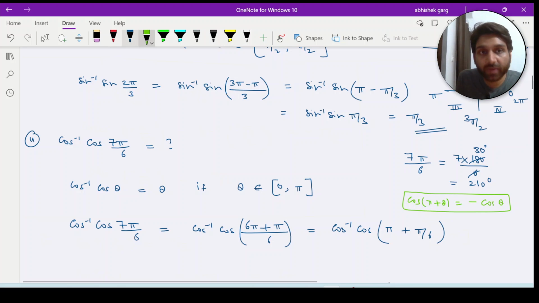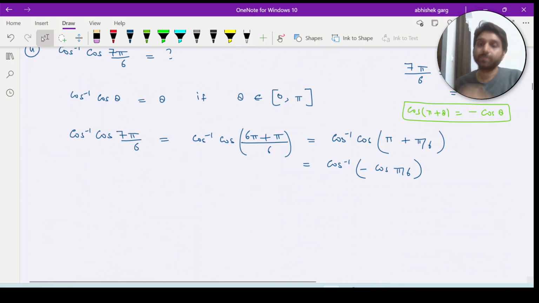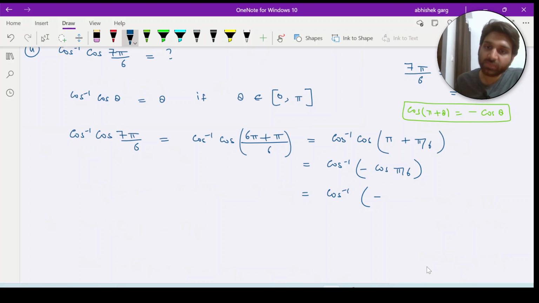So we can write that cos inverse cos pi plus pi by 6 can be replaced with minus cos pi by 6. Now, what is the value of cos pi by 6? That is cos 30 degrees. Cos 30 degrees is root 3 by 2. So we put its value and we arrive at cos inverse minus root 3 upon 2.